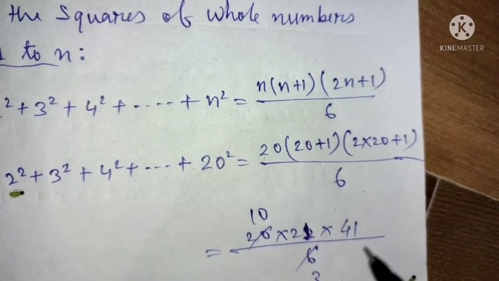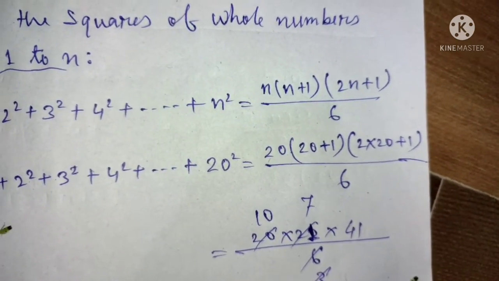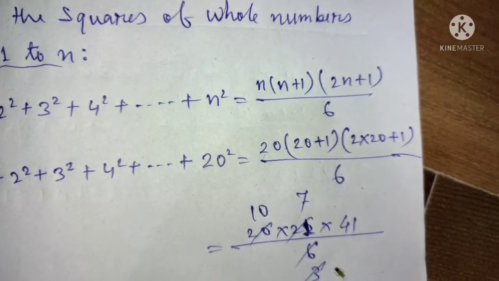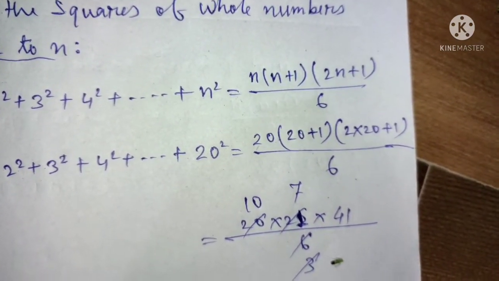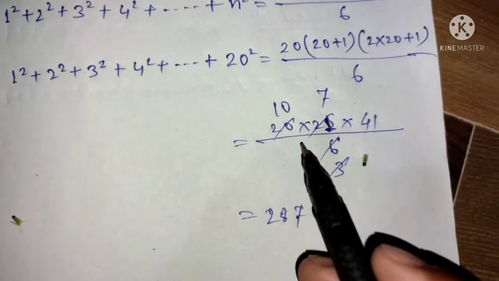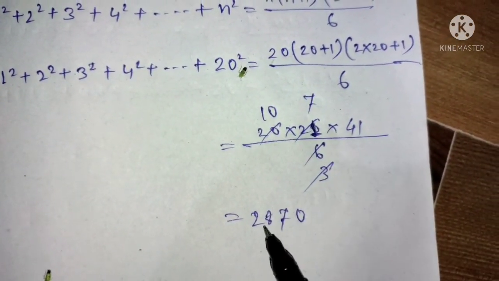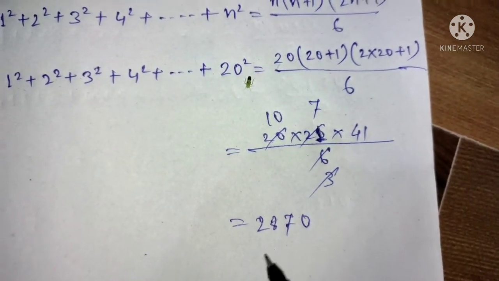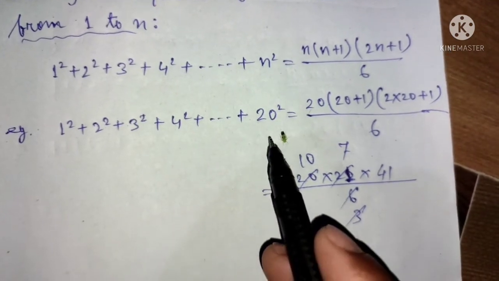Then 21 by 3 you get 7. So 7 1s are 7, 7 4s are 28, and for the 10 you just put 0. So this is the answer for this question.